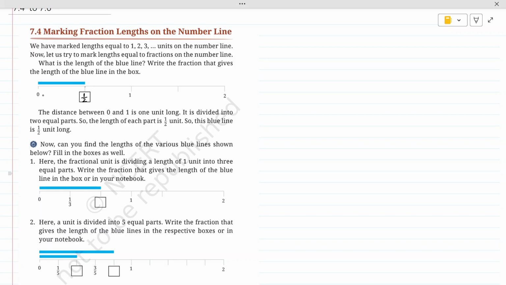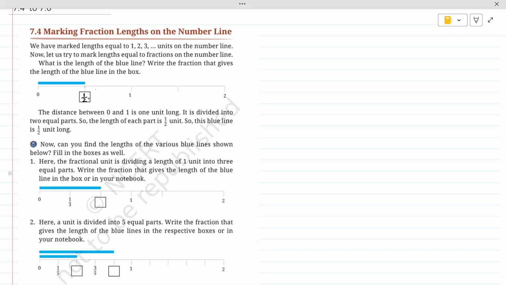So we have 0, 1 by 2, and we can also write 1 by 2 in decimals as 0.5. If we see the scales which we use in mathematics, all these numbers are marked in decimals also in a few of the scales. So after 0, we have 1 by 2, which is half of the distance.